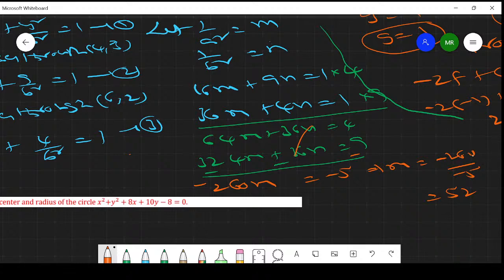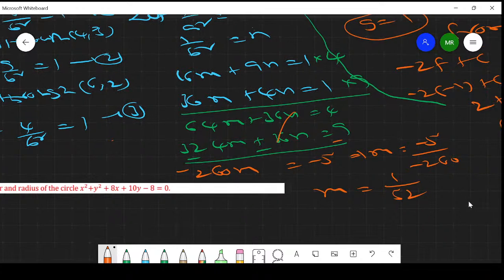Minus 260m is equal to minus 5, so m is equal to minus 5 by minus 260. Then you can divide this one, m is equal to 1 by 52. We got m is equal to 1 by 52. Now similarly I can find the n value. Is it clear?